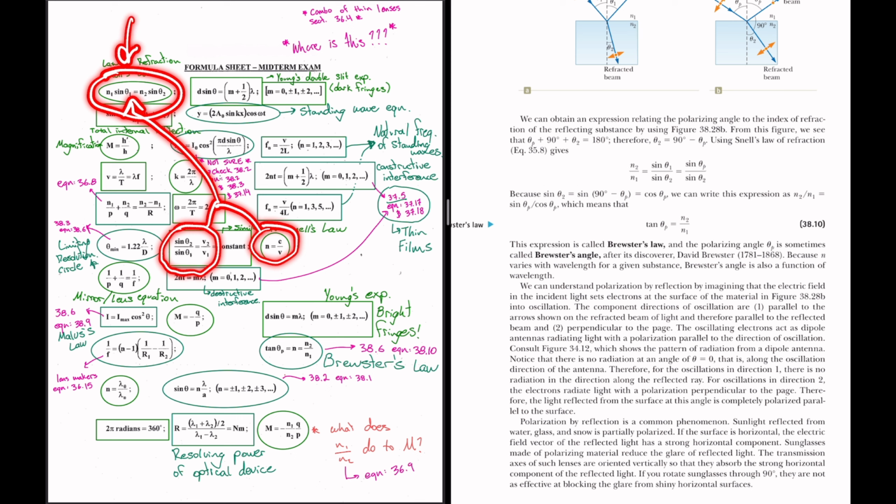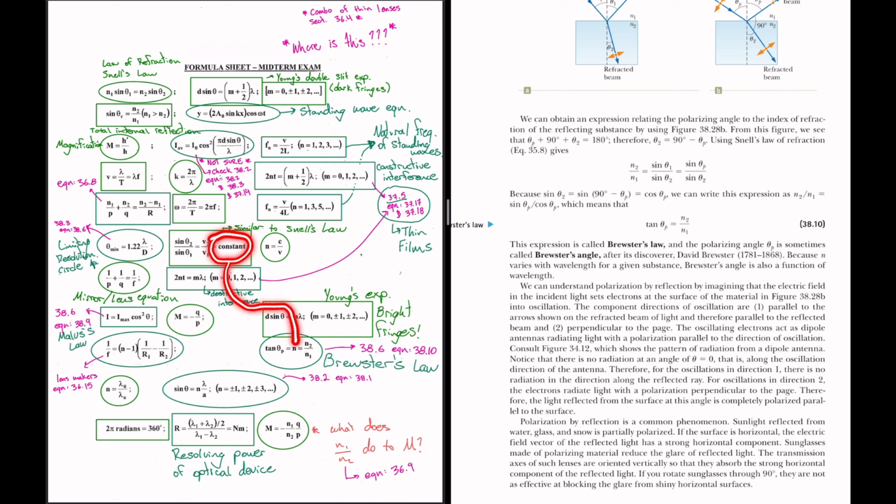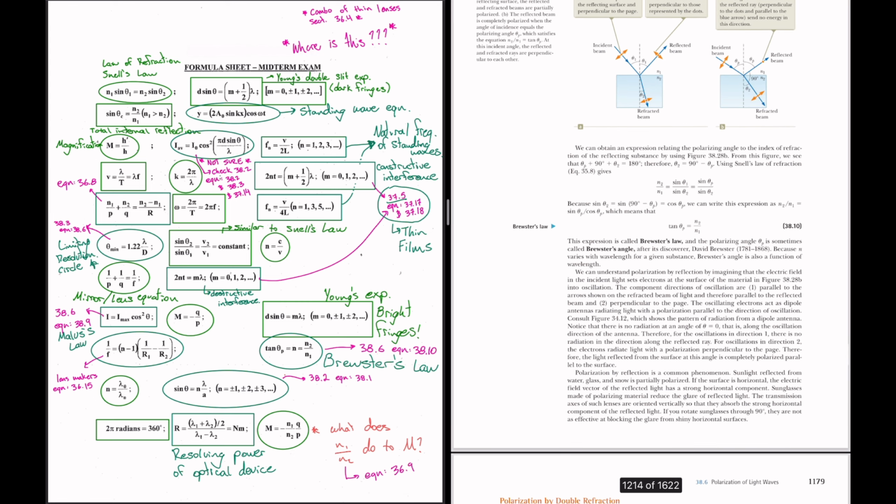And if you have this equation and you have this, notice that sine theta 2 over sine theta 1 equals v2 over v1, or is equal to n2 over n1, and all of that is equal to a constant. So that's where I'm assuming this little n is coming from. This little n is a constant, and it's just an extra thing given to you in the equation sheet in case it is helpful. So Brewster's law. I have no idea what Brewster's law is.